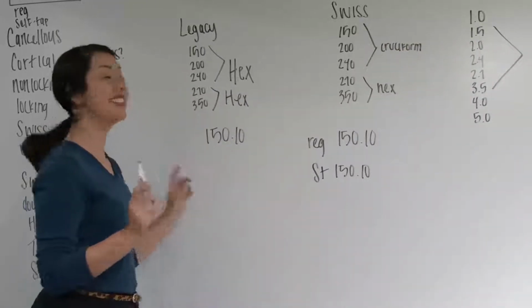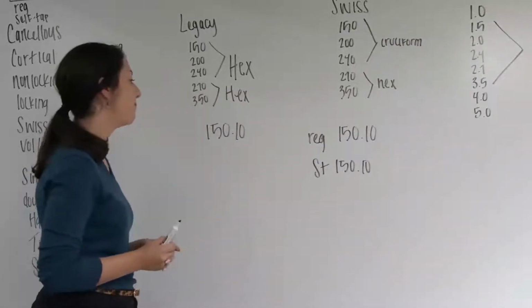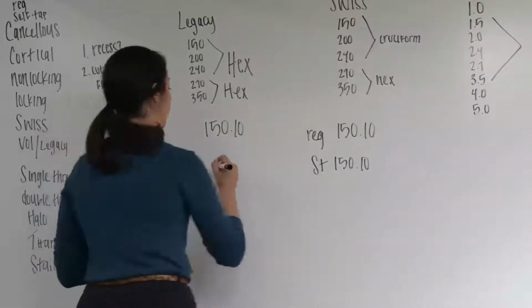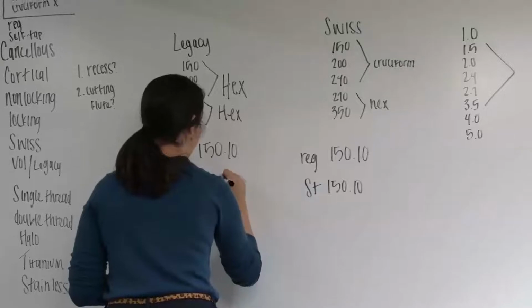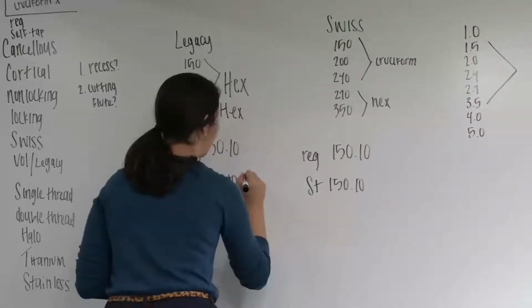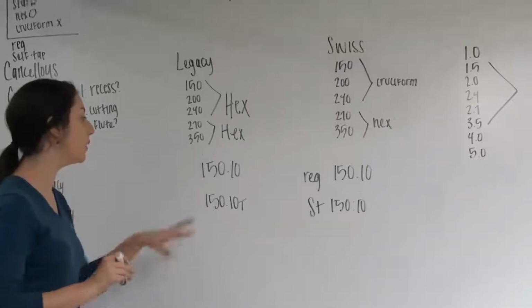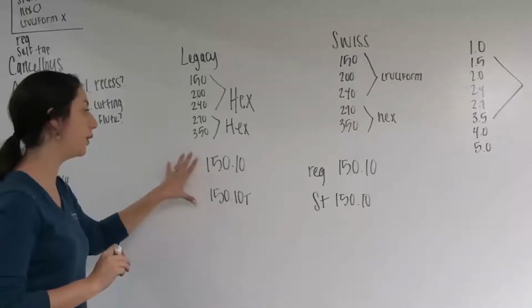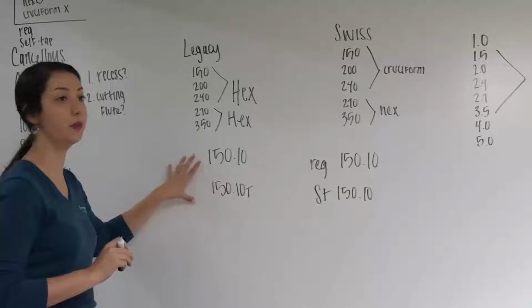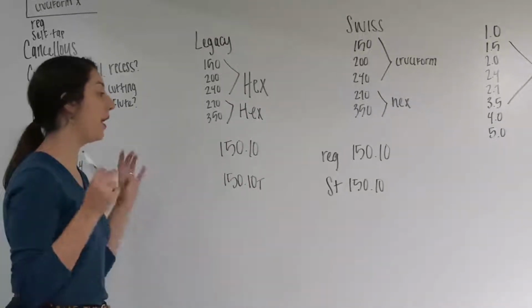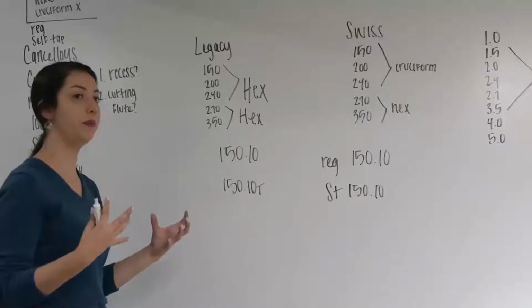But if it's hex, this is what it looks like. It's exactly like that. But if I want a VOI screw code that is self-tapping, I'm going to end the screw code in a T. So these are 4 active product codes in our system right now. You could sell 4 of any of these to a customer, but they all represent something different.